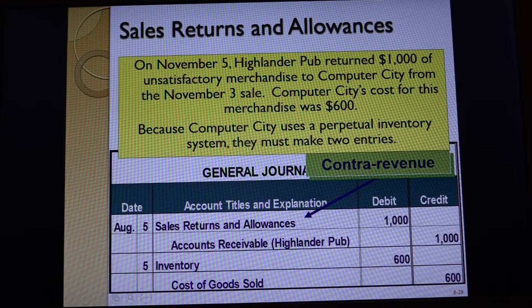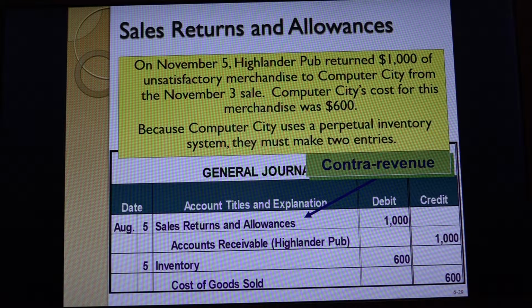All right, so on November 5th, Highlander Pub returned $1,000 of the unsatisfactory merchandise to Computer City from the November 3rd sale. So here they're going to record into this contra revenue account called sales returns and allowances $1,000 debit.